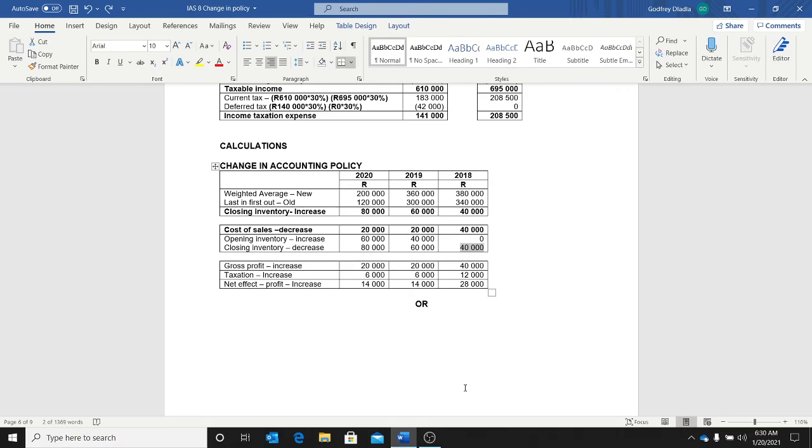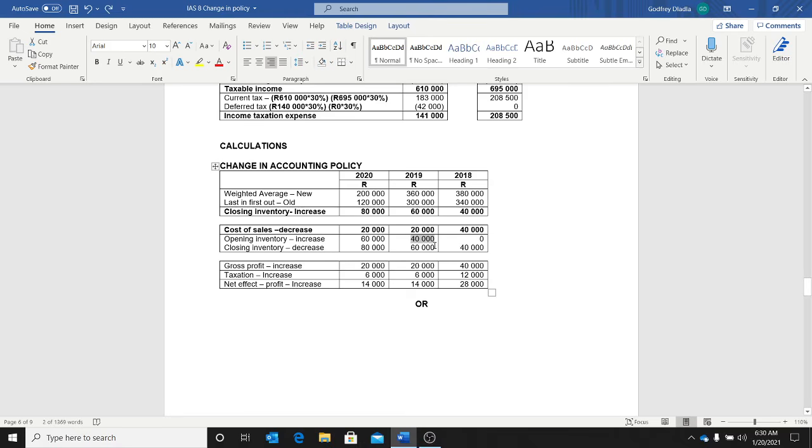So opening is plus and closing is minus. So if I'm taking 40 here in 2018, which is decreasing, when it comes here, it must increase, because it must be opposite of what I see in 2018.